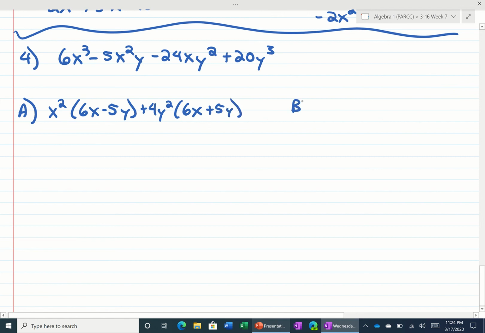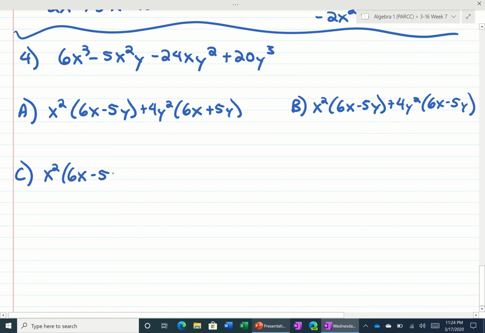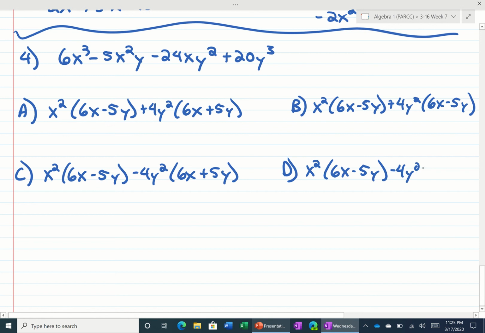Option B is x squared times 6x minus 5y plus 4y squared times 6x minus 5y. Option C is x squared times 6x minus 5y minus 4y squared times 6x plus 5y. And option D is x squared times 6x minus 5y minus 4y squared times 6x minus 5y.